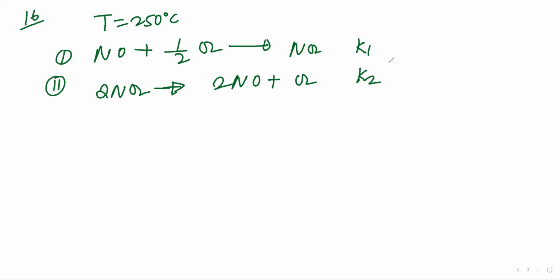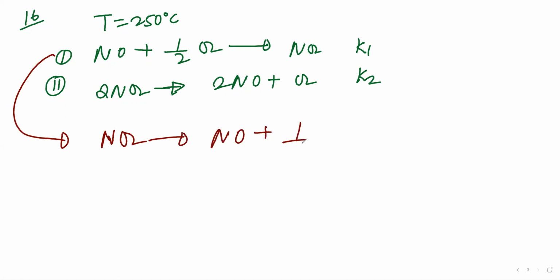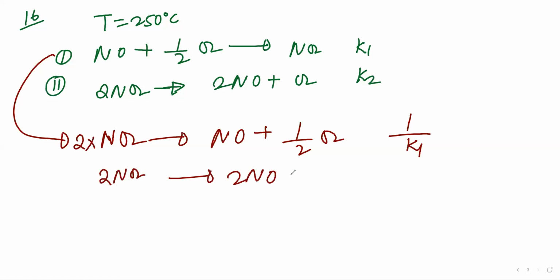Is there any relation? Yes. If you multiply the second equation by 2 and reverse, first reverse the first equation, right? After reversing, it will be NO2 producing NO plus half O2, so the equilibrium constant will be 1 upon K1. Now multiply this by 2, so it will be 2NO2 producing 2NO plus O2, and the equilibrium constant is squared.